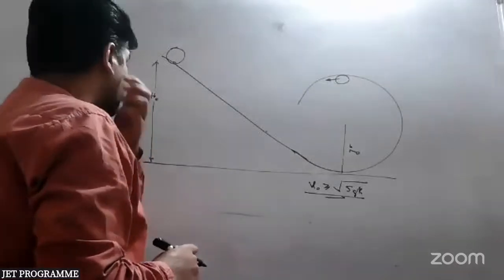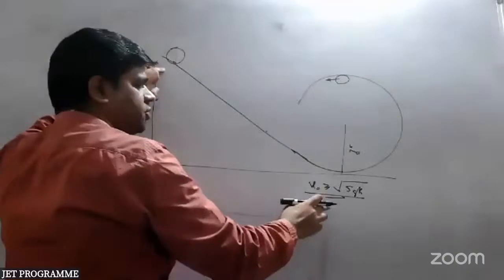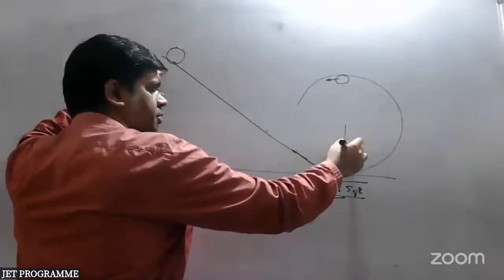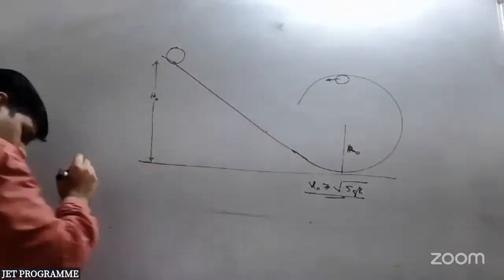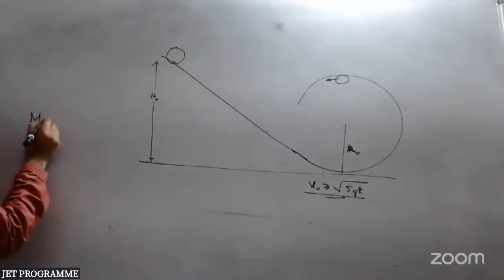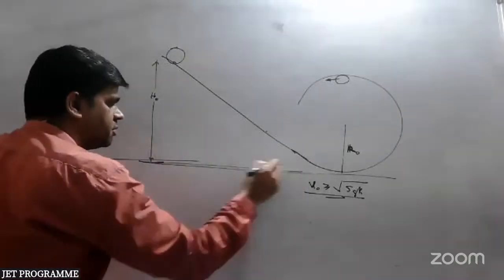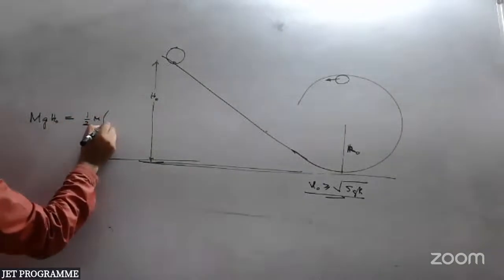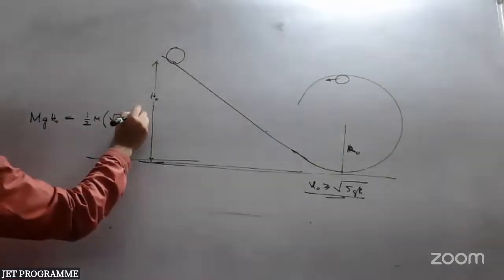All right. So what do we do? Whatever the energy over here, I conserve energy from here to here. I know the velocity over here should be greater than root 5 gr, where r is the radius of the circle loop. So mgh, taking this as my reference, is equal to half m root 5 gr square.